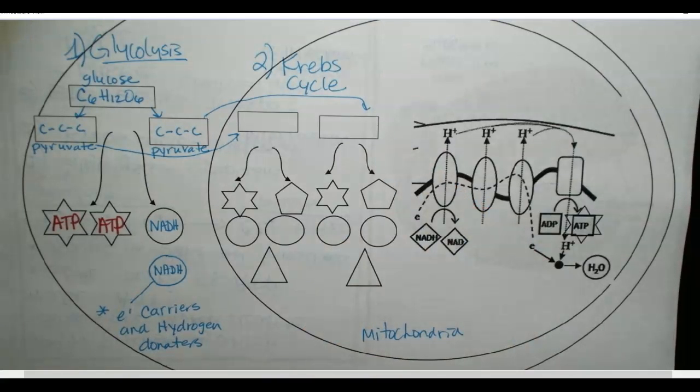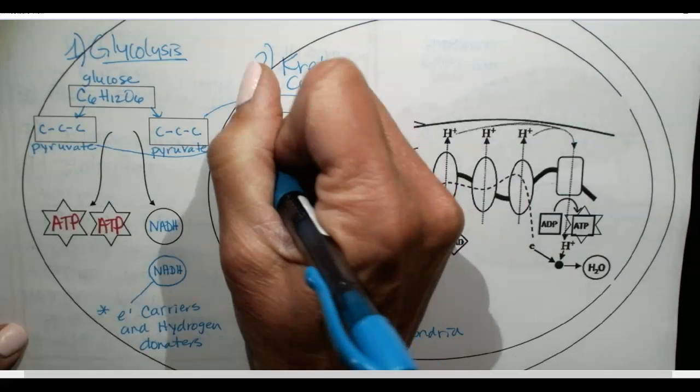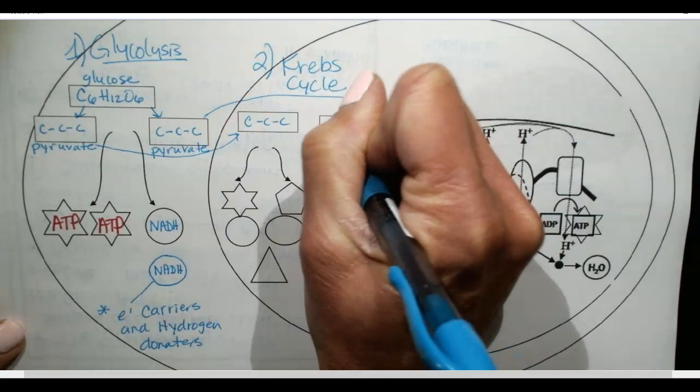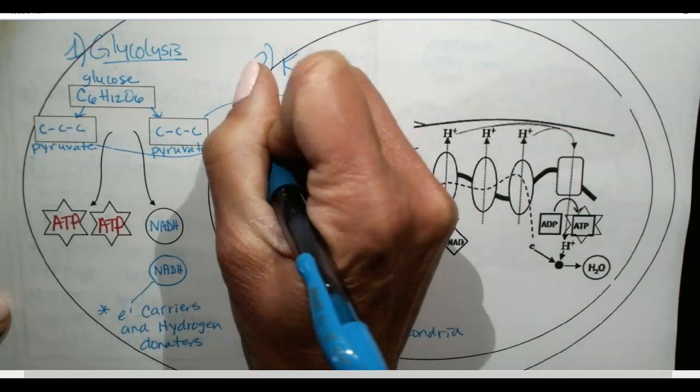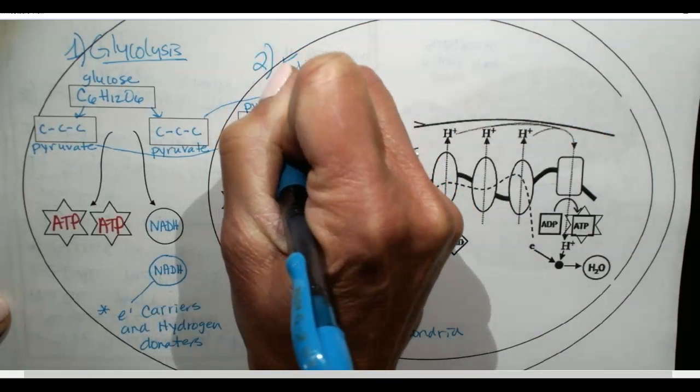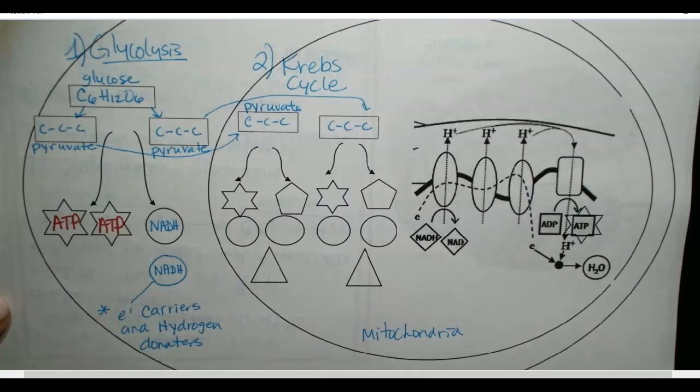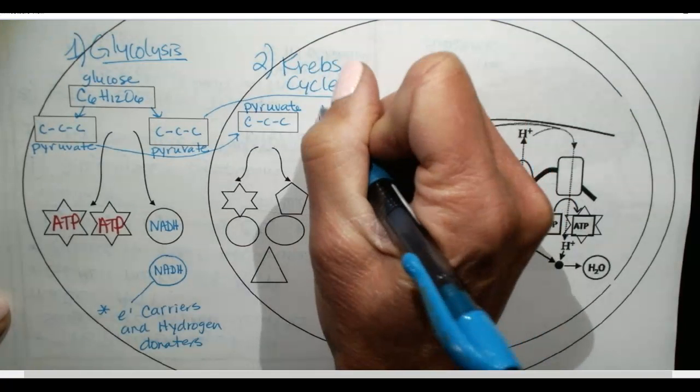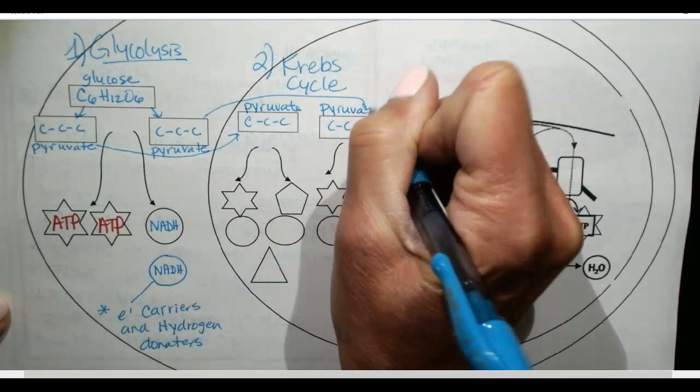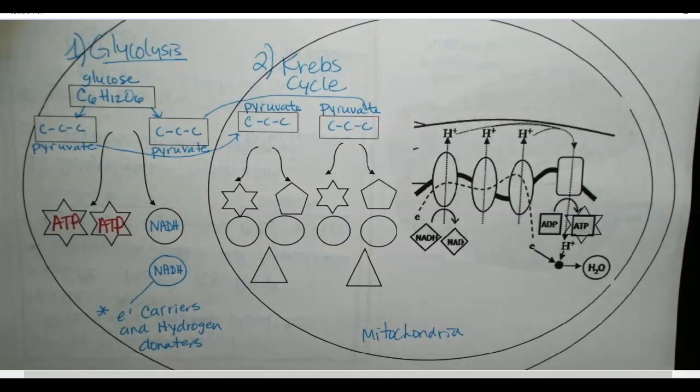They just shift over because we need it to break down even more, okay? So I'm going to put my CCC, and I'm going to write pyruvate, P-Y-R-U-V-A-T-E. So they're just going to shift over, and they're going to go into the mitochondrial matrix.